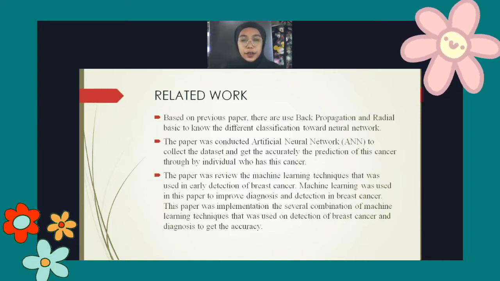There is also a paper that reviewed machine learning techniques used in the early detection of breast cancer, to improve diagnosis and detection. The paper implemented several combinations of machine learning techniques on detection and diagnosis of breast cancer to get accuracy.